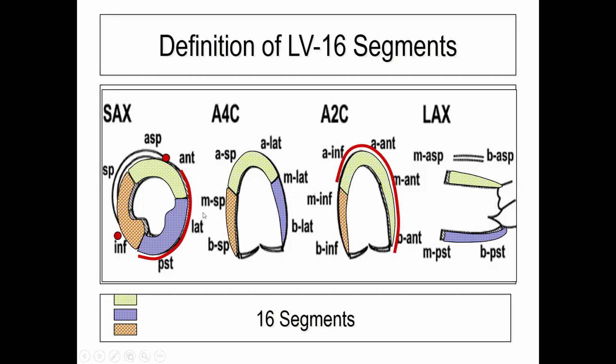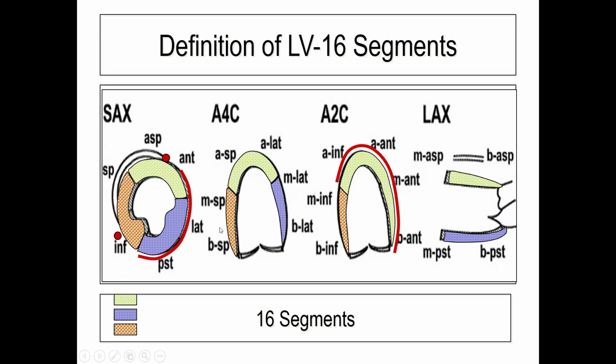So in a nutshell, this blue color represents circumflex, mid and basal lateral and posterior wall. This dotted red color suggests RCA, mid and basal septum and mid and basal inferior wall, and rest all apical segments of four chamber, apical segments of two chamber, along with mid and basal anterior wall, and two segments of mid and basal anterior septum are supplied by LAD.